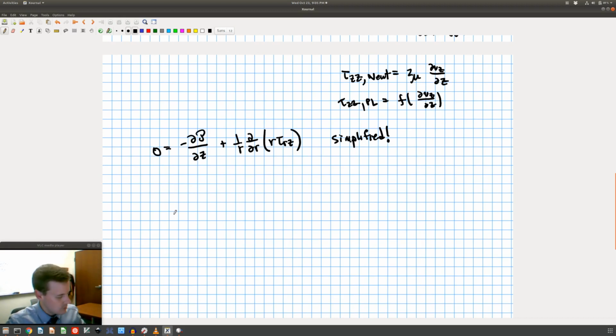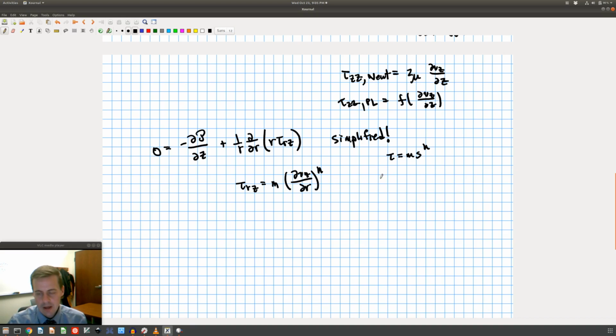I took a little bit longer to make sure I explained that whole thing. Okay, so now that I have tau rz, I'm going to write what tau rz is in terms of the power law, tau is m gamma dot to the n. In this case, tau rz is equal to m dvz dr to the n.